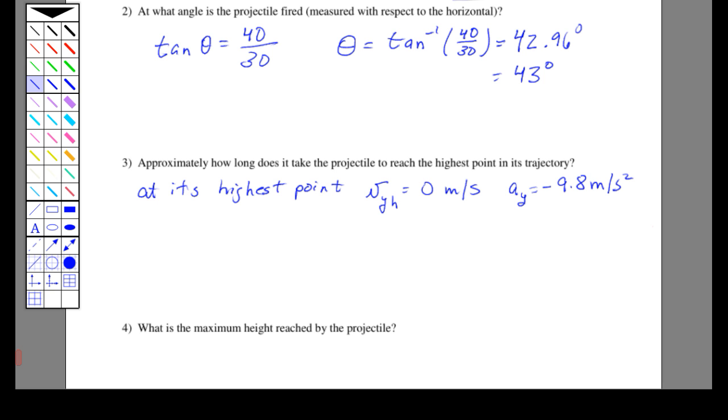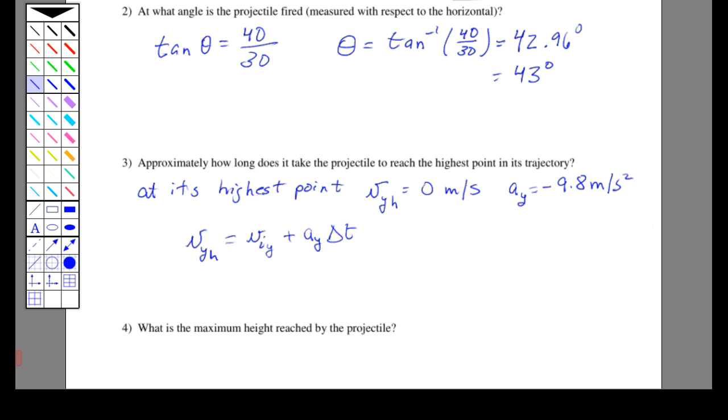So what we want to do is figure out how long it takes for the velocity to go to 0. We can use this equation: the velocity at the highest point in the y direction is equal to the initial velocity in the y direction plus our acceleration in the y direction times delta t.